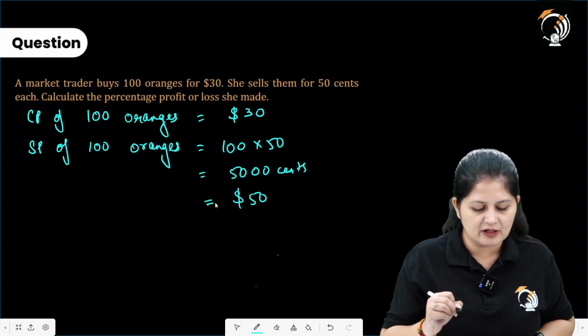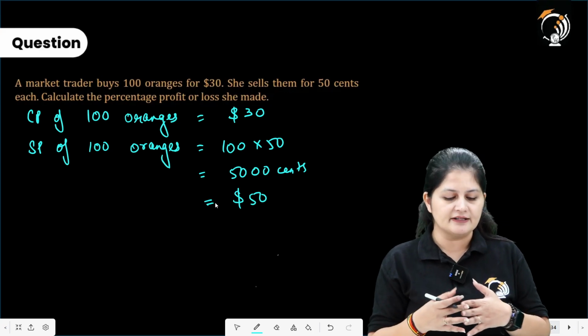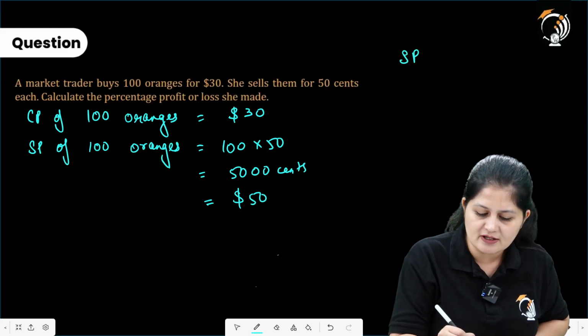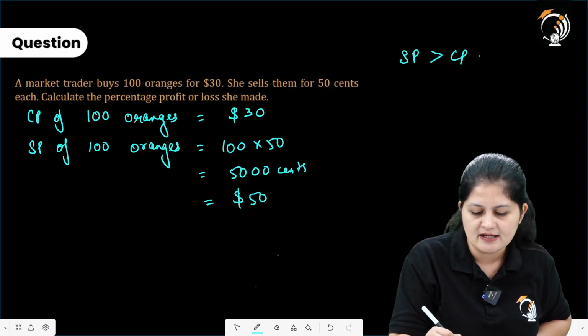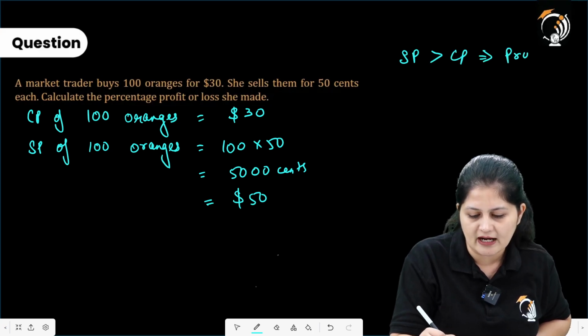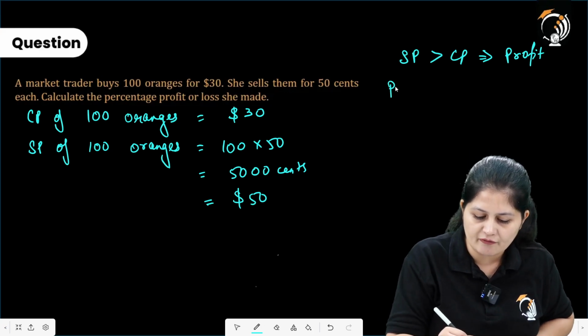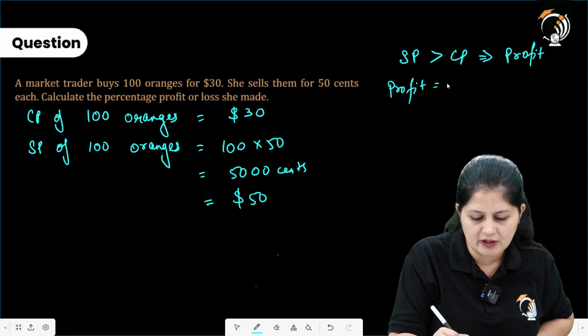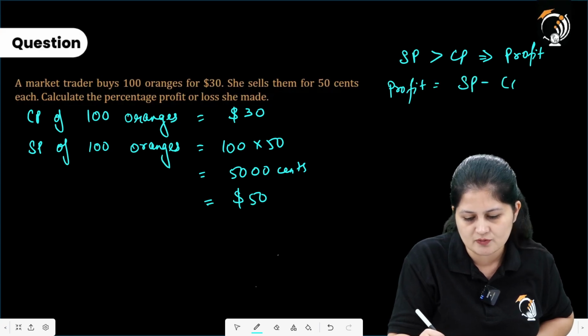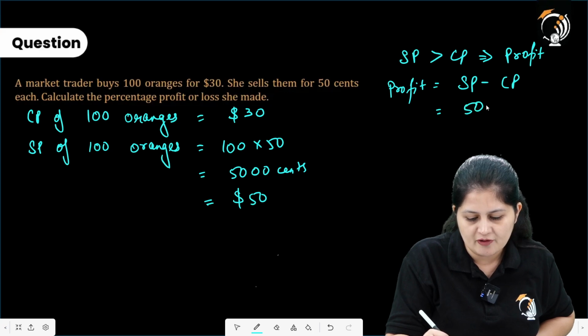Clearly, we can observe that the selling price is greater than the cost price. That means there is a profit happening, right? Profit is equal to the selling price minus the cost price, which is 50 minus 30, equal to $20.